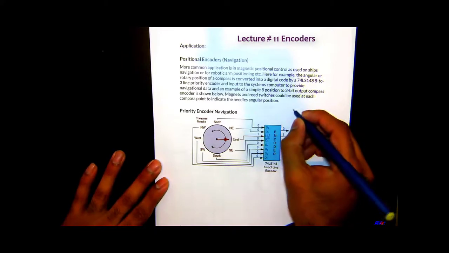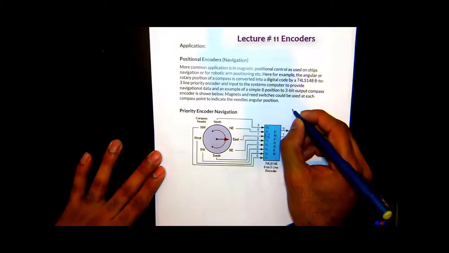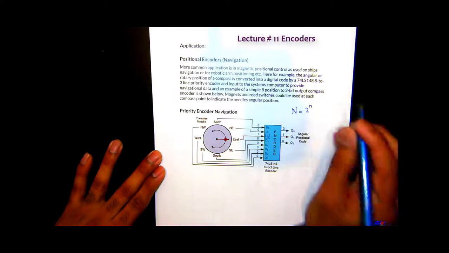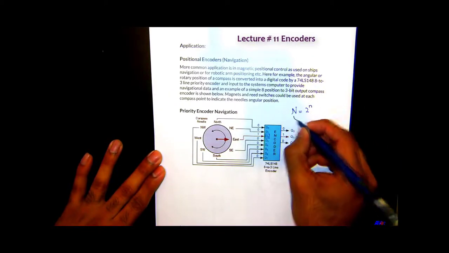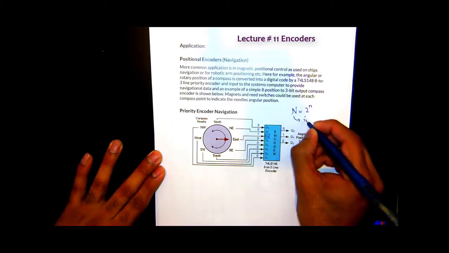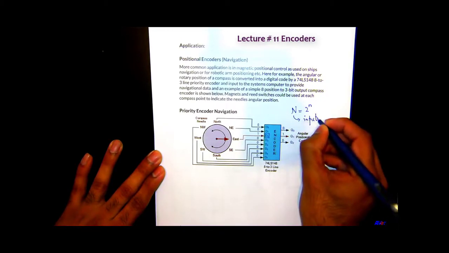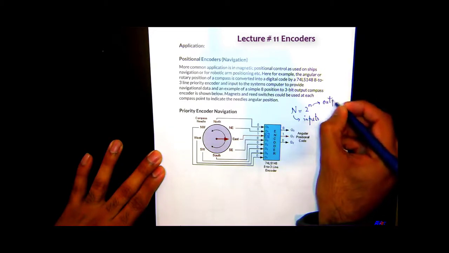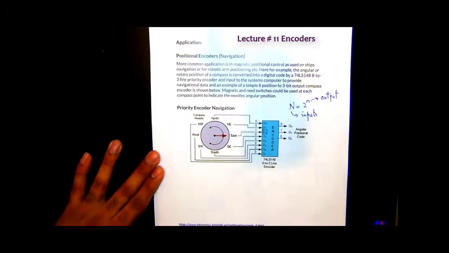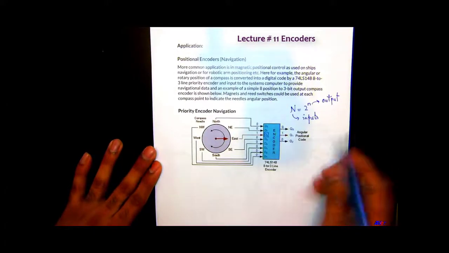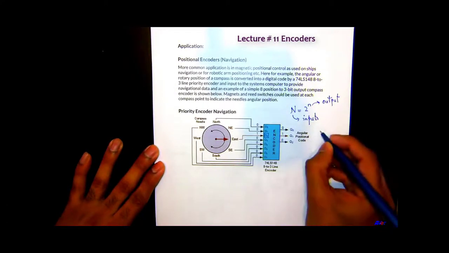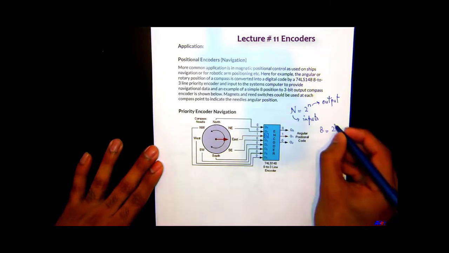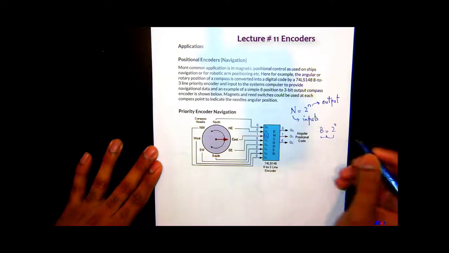The relationship is given by the equation where you have 2 to the power n equals the number of inputs. This is going to be your inputs right here, and this is going to be your output. If I put these numbers in this equation, I have 8 inputs, so the number of outputs has to be 3, because 2 to the power 3 is equal to 8.